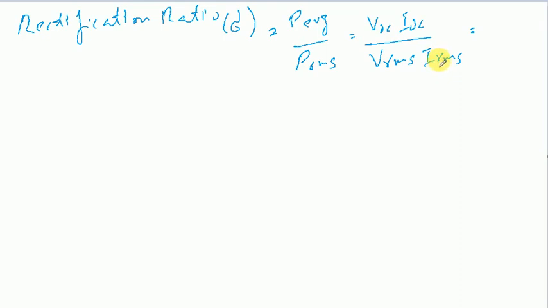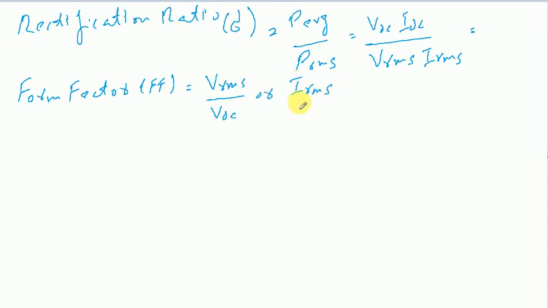Okay. Another term that is quite often associated with these types of rectifier circuits is known as form factor. It can be abbreviated as FF. This is basically the ratio of RMS value to the average value. So it can be either the ratio of RMS voltage to DC voltage, or the ratio of RMS current to DC current.